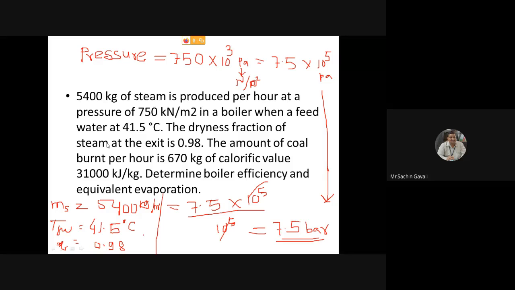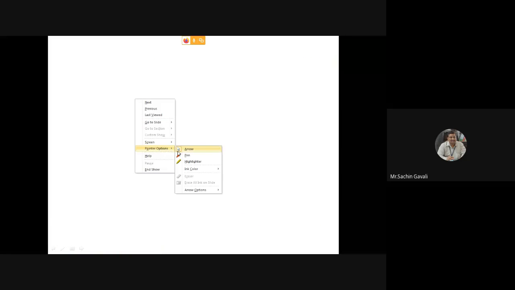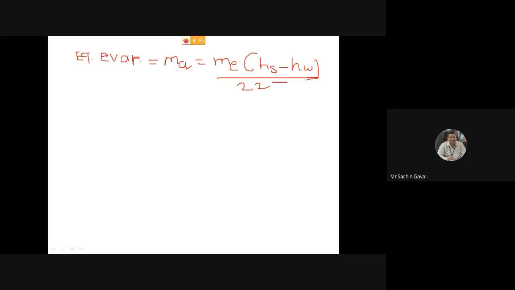Then find out, the formula you should write: equivalent evaporation ME equal to MS into (HS minus HW) divided by 2256. And MS we know.